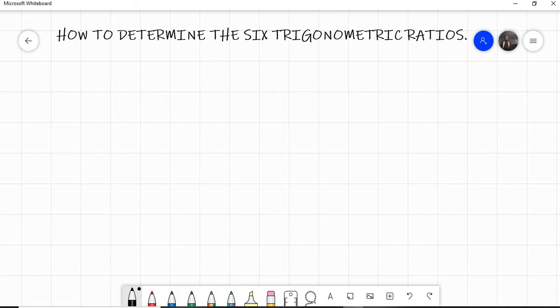Today we're going to learn how to determine the 6 trigonometric ratios. So what are the 6 trigonometric ratios? First we're going to learn sine, cosine, tangent. Sine's reciprocal is cosec.